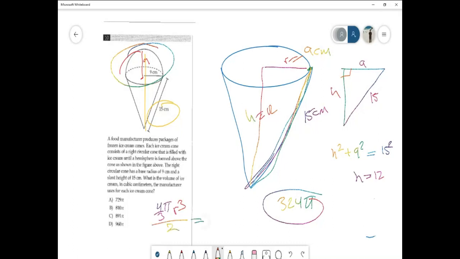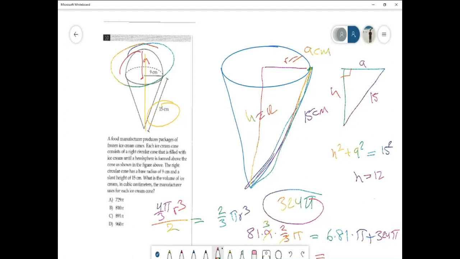Now you'll find the volume of the hemisphere, which is here. The volume of a sphere is 4 over 3 pi r cubed. But I'm finding the volume of half of it, so that's why I'm dividing by 2. So it will be 2 over 3 pi r cubed. What is r? r is 9. 9 cubed, which will be 81 times 9 times 2 over 3 pi.